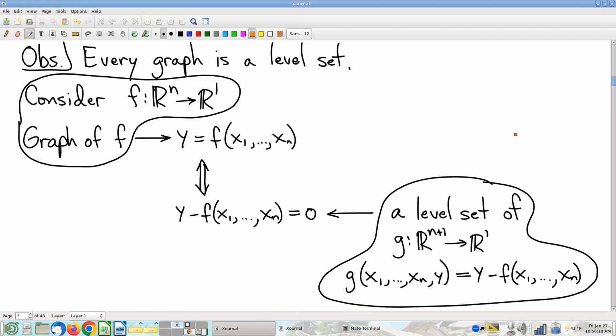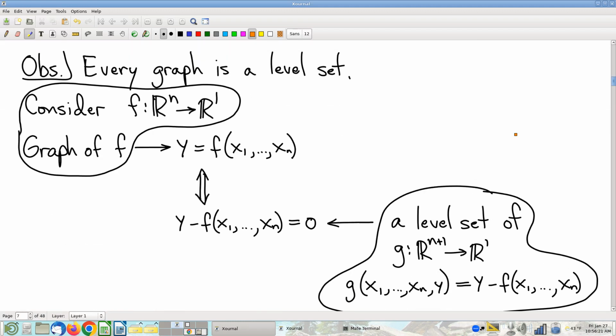Okay, here's a neat fact relating graphs and level sets. Turns out every graph is a level set. This is a wonderful little observation that's useful in a lot of circumstances. And before I show you how it works, let me tell you why we would care. Sometimes you're looking at a graph, but the thing that you need to know about that picture is something that the calculus of level sets would be just perfect for, right?